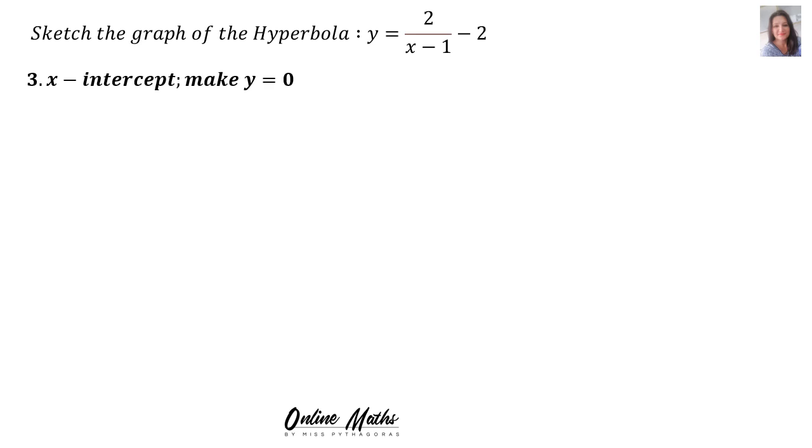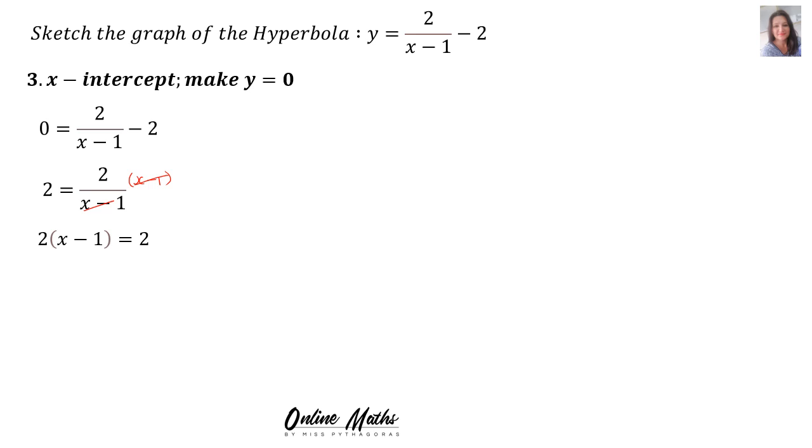Step 3 will be to work out the x-intercept. The rule: make y equal to 0. So when we make y 0, we end with 0 is 2 over x minus 1, minus 2. Let the minus 2 walk across, and then in this step we will get rid of the x minus 1 under the line, so we will multiply both sides.